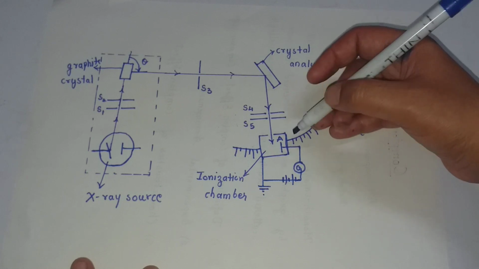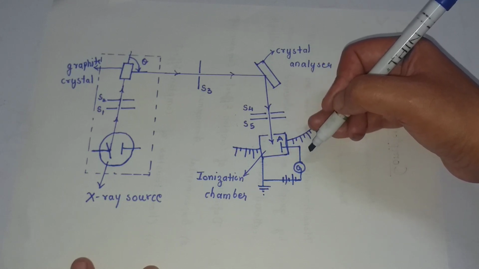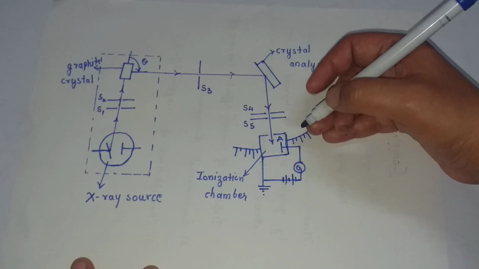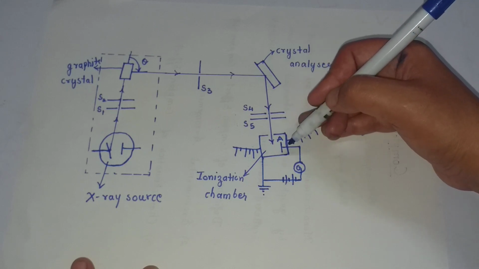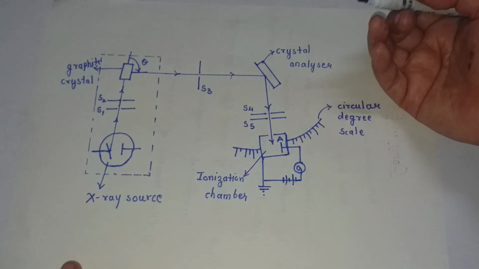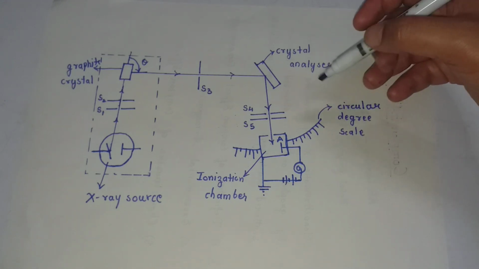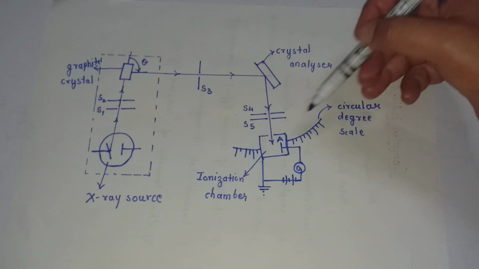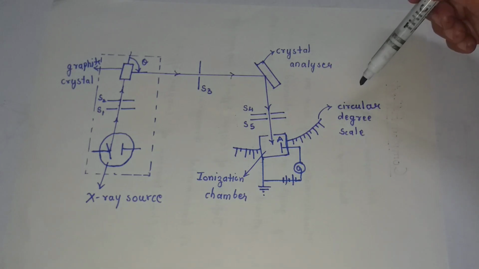So, the ionization chamber measures the ionization current, and the intensity of ionization current is directly proportional to the intensity of reflected X-ray beam. Also, the different components of wavelength can be measured by rotating the ionization chamber along the circular degree scale.